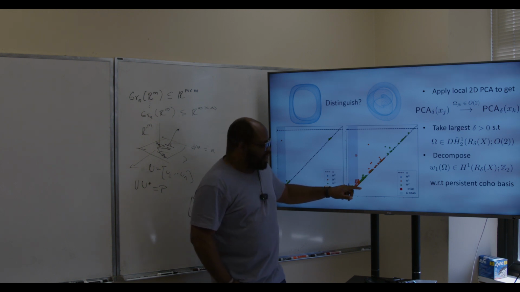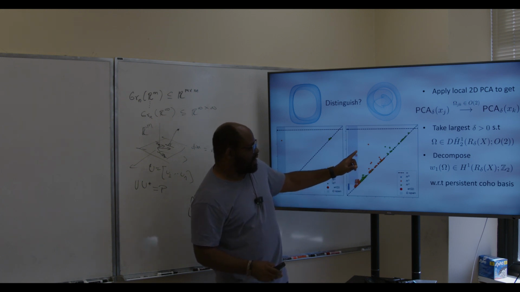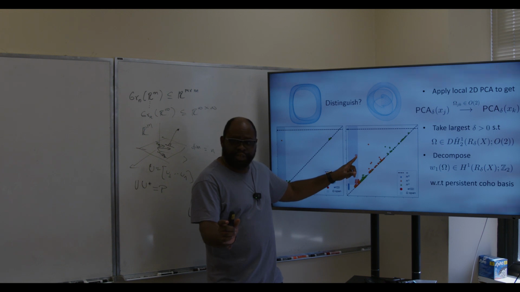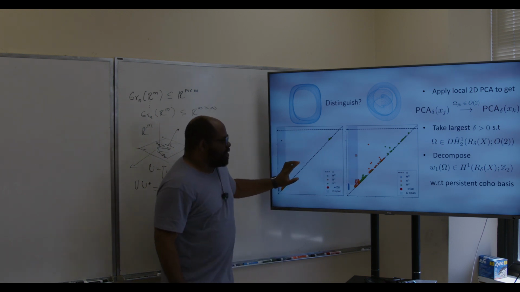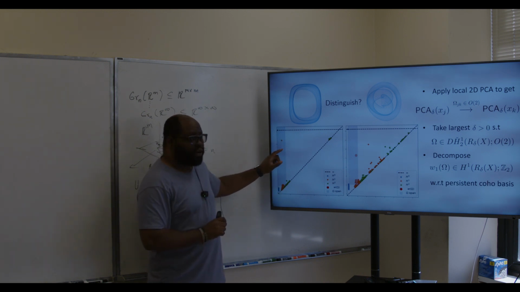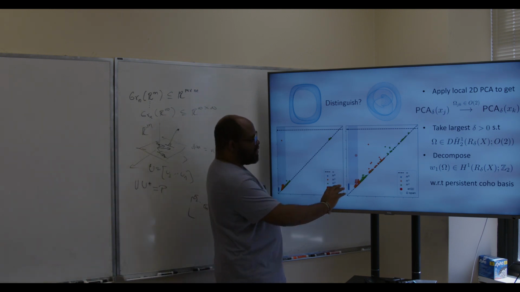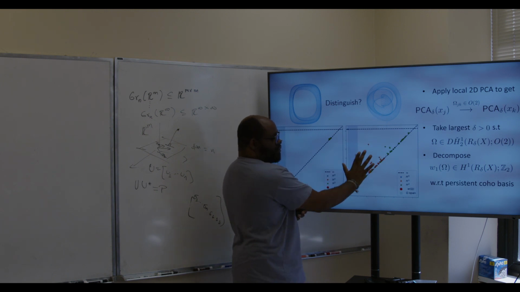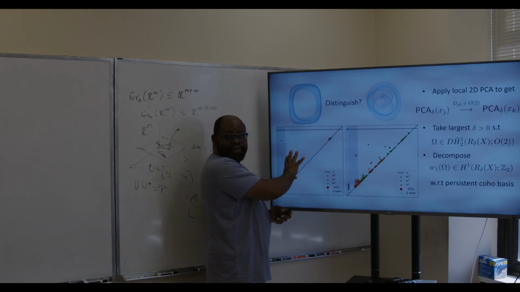In particular, this class is persistent in the sense that this very long bar participates in its expression. The same is done for the other attractor, but no basis elements are picked up. That means that the coefficients are all 0. The conclusion is that omega 1 is non-zero for this attractor, and omega 1 is 0 for this attractor.